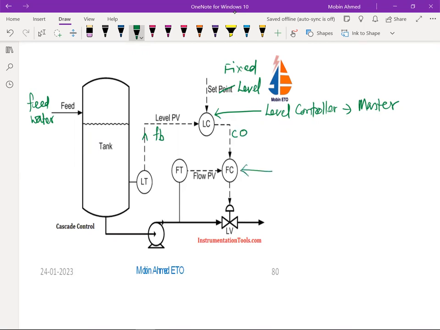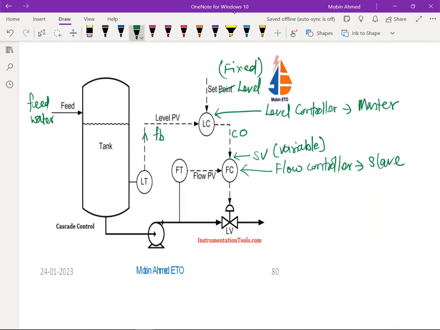This FC is a flow control or flow controller. This flow controller is a slave and the output is given to this. So this input, that is the set value SP, this SP is variable. Whereas here the set level is the fixed one. It is going to have its own feedback system.